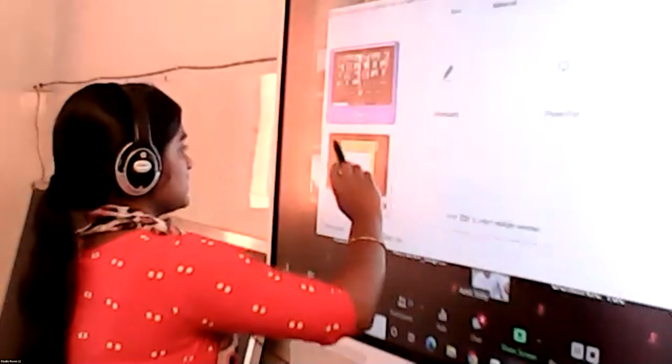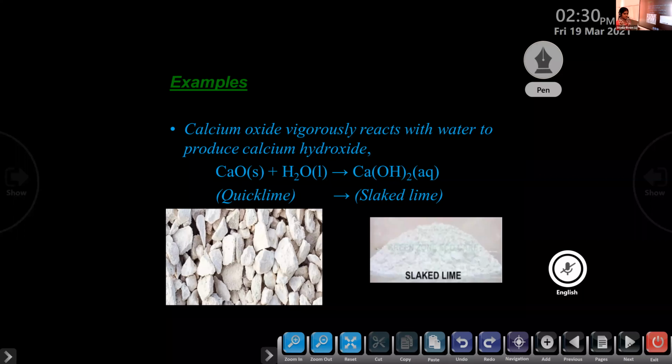So this is an example for the combination reaction. Calcium oxide vigorously reacts with water to produce calcium hydroxide. This calcium oxide is known as quicklime and calcium hydroxide is known as slaked lime.